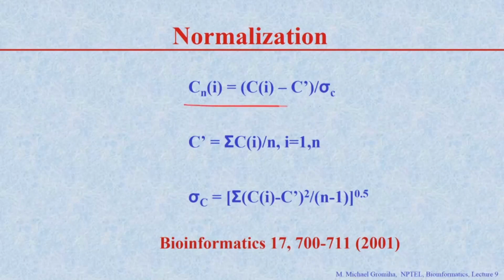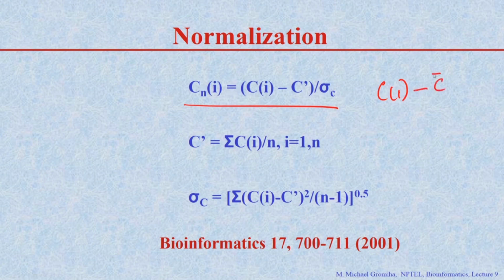Now, you can normalize these numbers, because here we get a maximum of 0 and some minimum number. We can normalize using this equation: the normalization for new positions is C of I, the consideration of a particular residue, minus the mean of C, that is C prime, which is equal to the summation of C of I divided by n, with I from 1 to n, the number of sequences aligned in this position, and sigma.